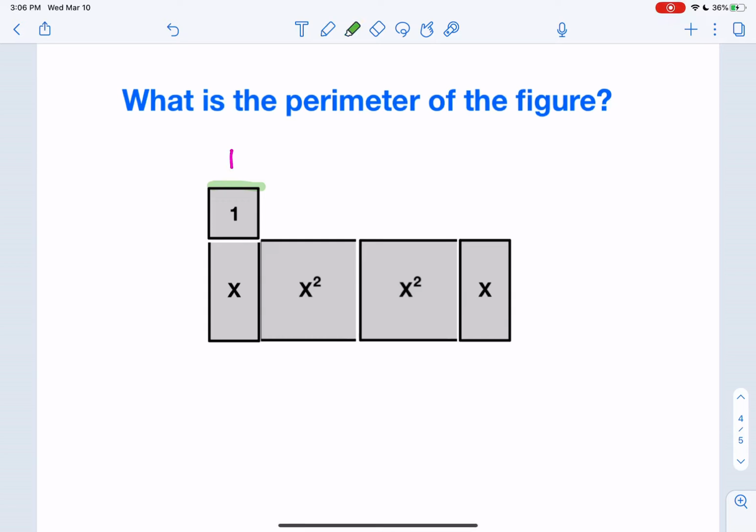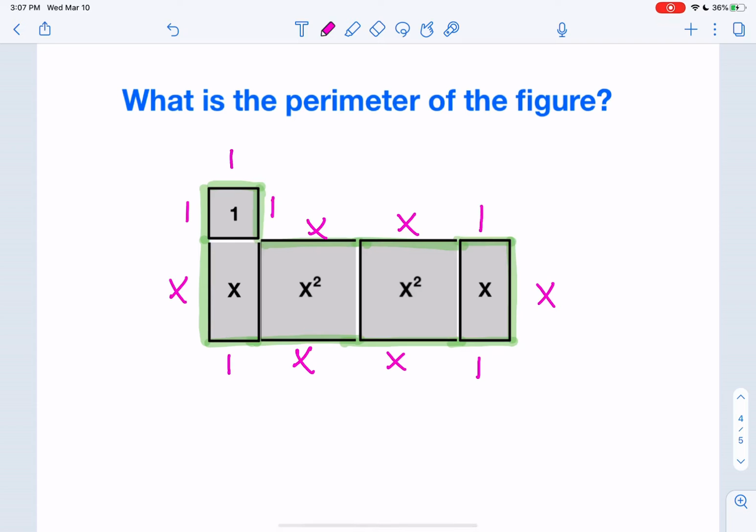And there's 1, 1, x, 1, x, x, 1, x, 1, x, x, and then this side length here, which is 1.